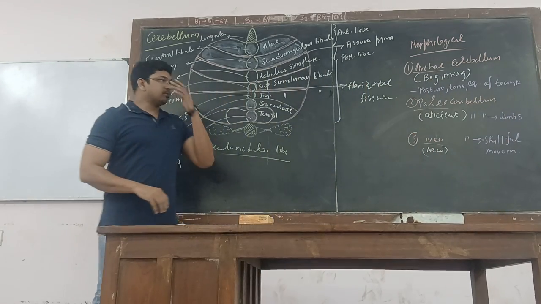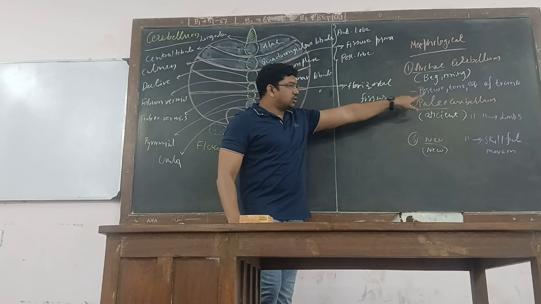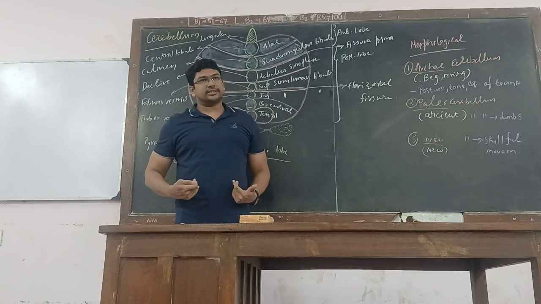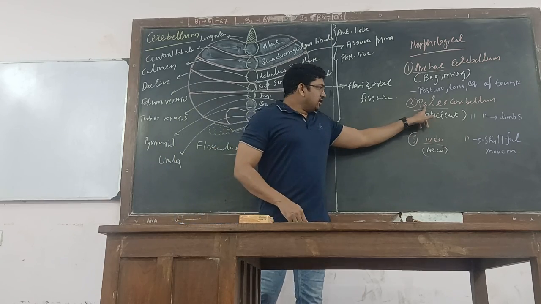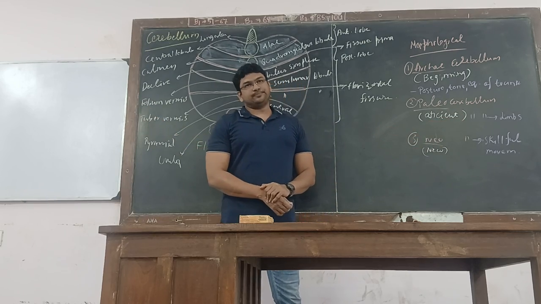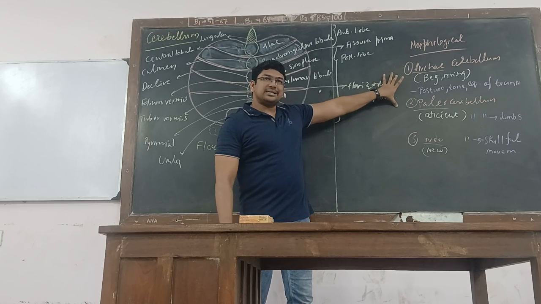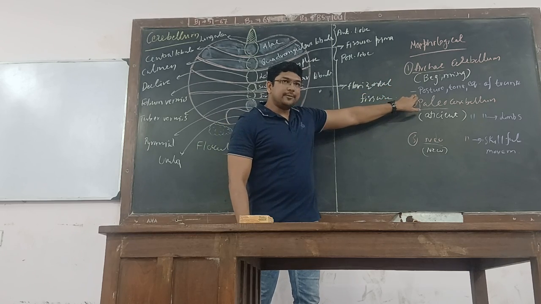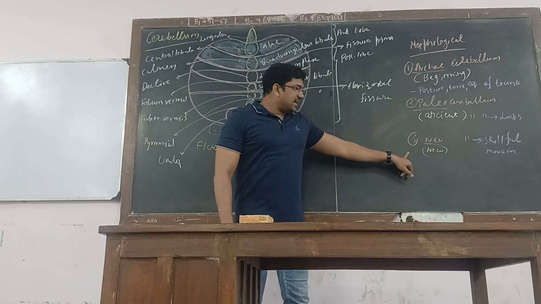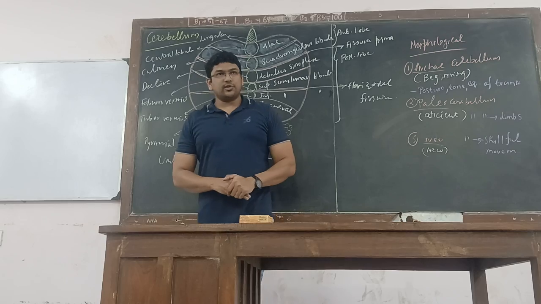So what is the basic difference between these three? Archicerebellum deals with the posture, tone, and equilibrium of the trunk muscles. Only the trunk. Getting it? And the paleocerebellum is concerned with the limbs, both the superior extremities and the inferior extremities. So as a whole, these two will be supplying the entire body. That means the muscles will be maintained by means of these two. And then further, coordinated movements, nothing but the skillful movements, will be done by the neocerebellum.